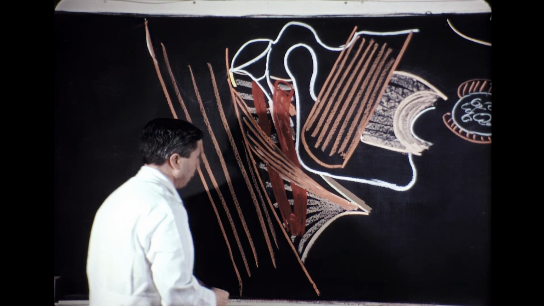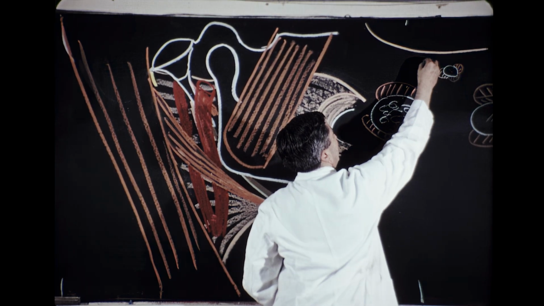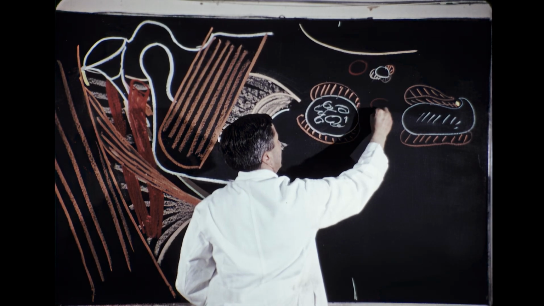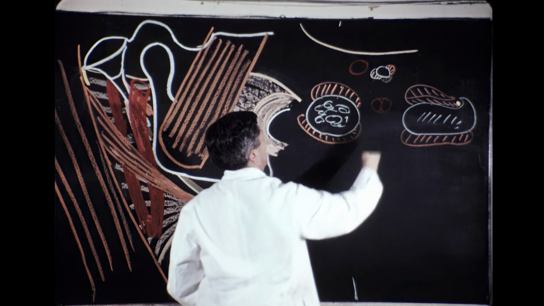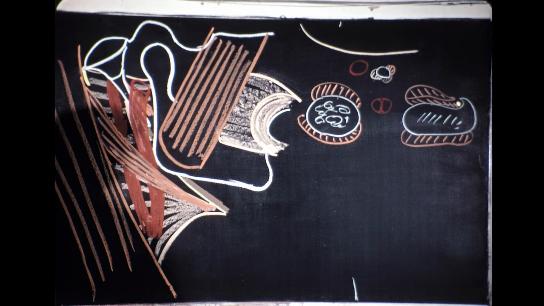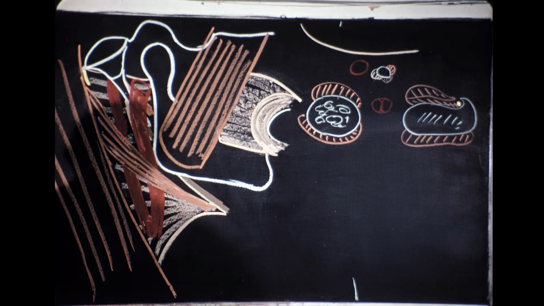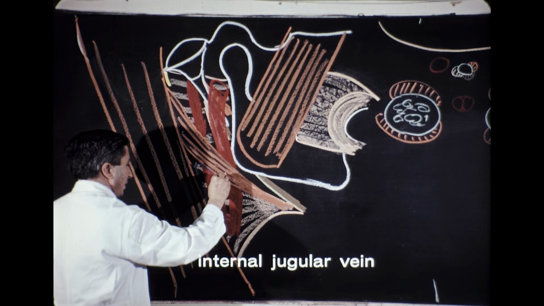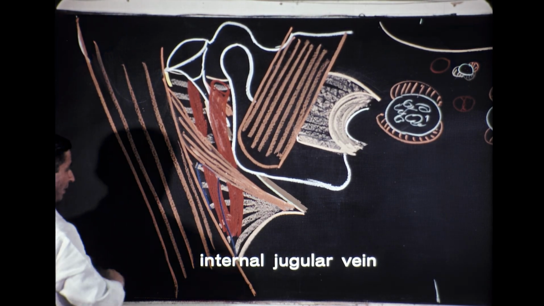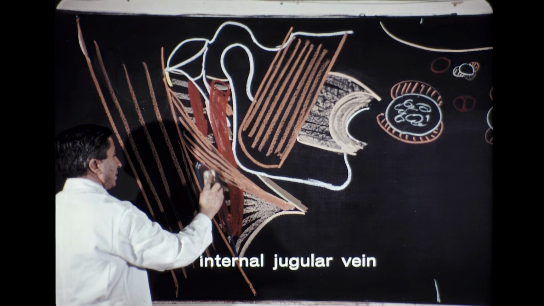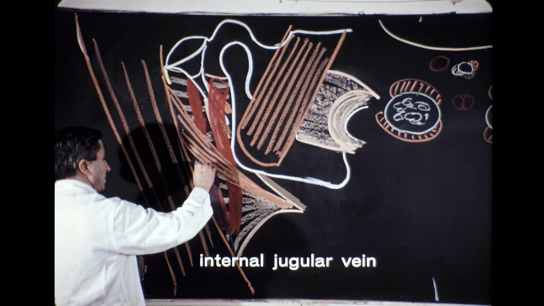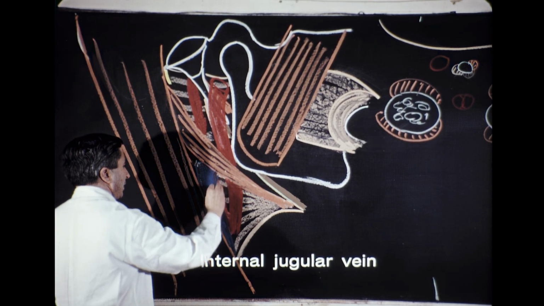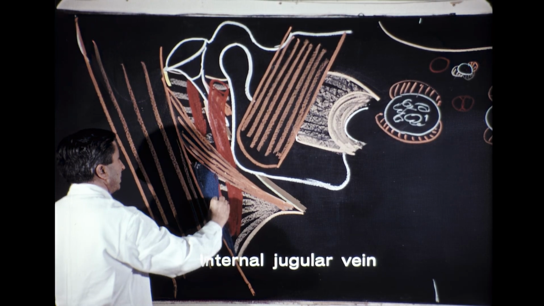So now we can put this in. We have here the internal carotid artery, and the external carotid artery is lying in this region, and we'll show it bifurcating into the internal maxillary and the superficial temporal artery. Now we can bring up the internal jugular vein, and it's overlapping across the internal carotid artery, lying within the carotid sheath, and so we can indicate this large vein disappearing under the anterior border of the sternocleidomastoid.